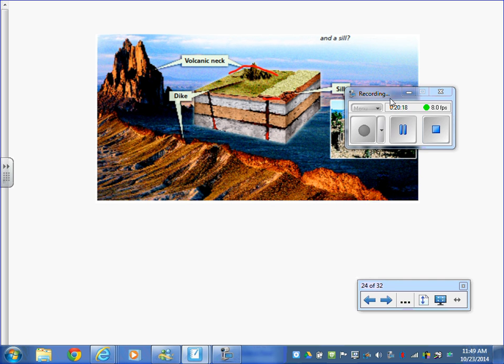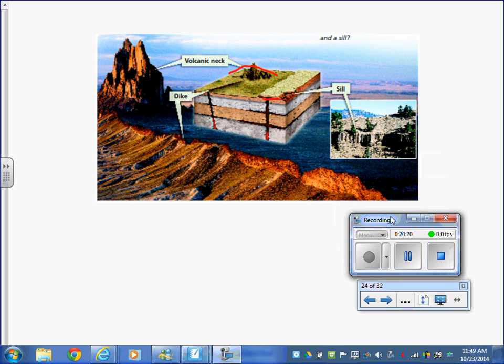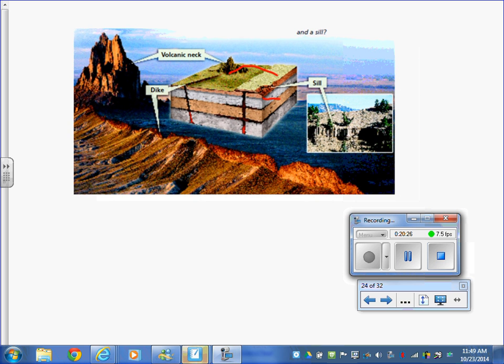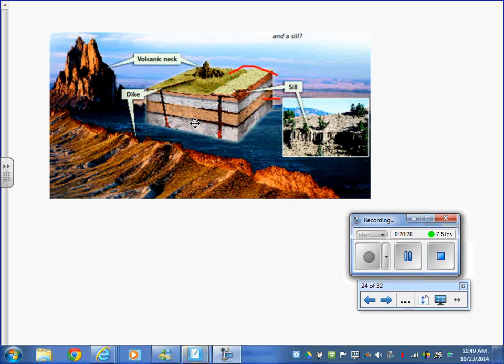So here we're going to look at some pictures. This is what Shiprock, New Mexico looks like. Out in the middle of nowhere, you've got this volcanic neck. And then this is showing, again, in the textbook, you can see a little bit better. But you can see where there were vents that came up and they cooled like this.